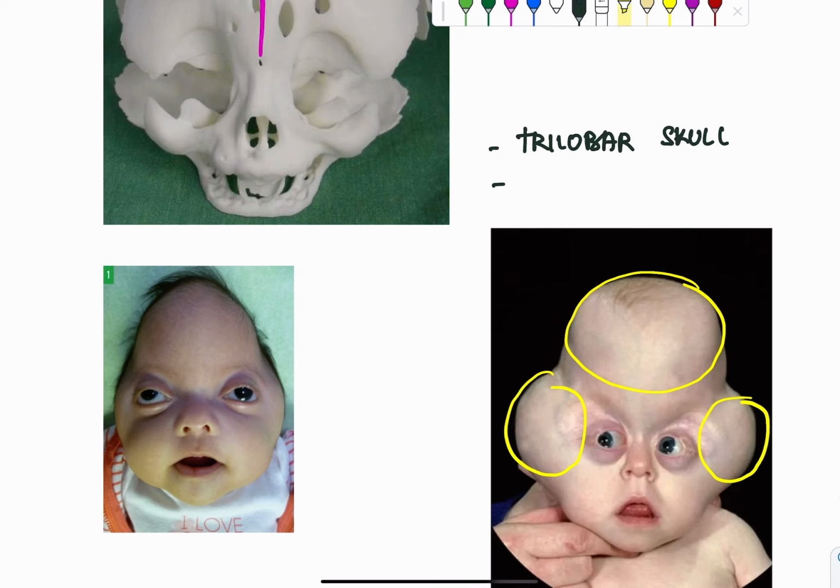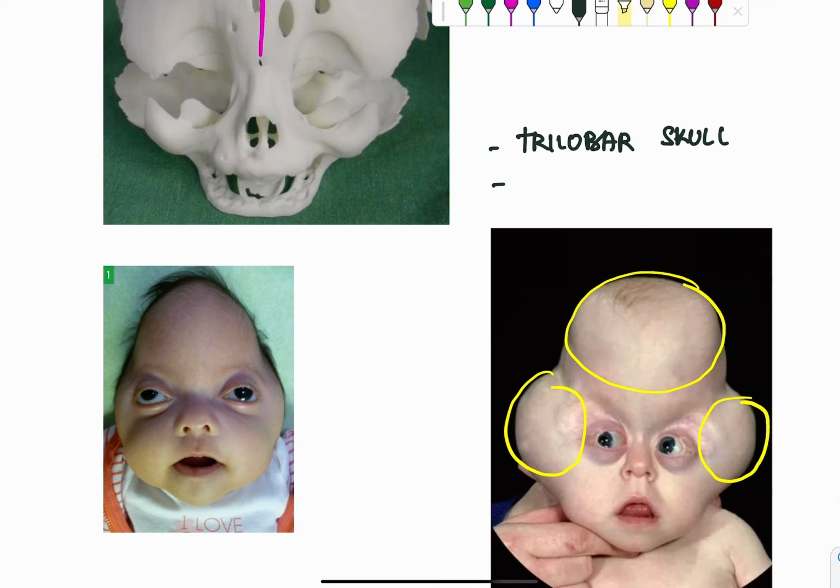Not only that, within your brain you have ventricles, right? If there is an excess amount of fluid within the ventricles, you call it hydrocephalus. And even if the amount of fluid is normal but you are not allowing it to pass, meaning there is some obstruction within the ventricles, that is also called hydrocephalus. So hydrocephalus is two things: either there is an increase in the level of CSF in the ventricles, or there is obstruction of the outlet of CSF.